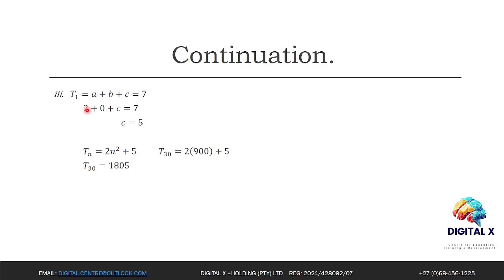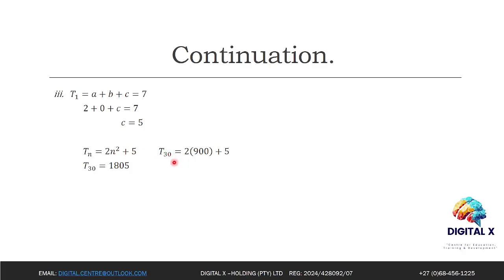The choice is yours, it doesn't matter. So ultimately we have the value of c being equal to 5. So the general term for our sequence is t subscript n, given by 2 multiplied by n squared plus 5.